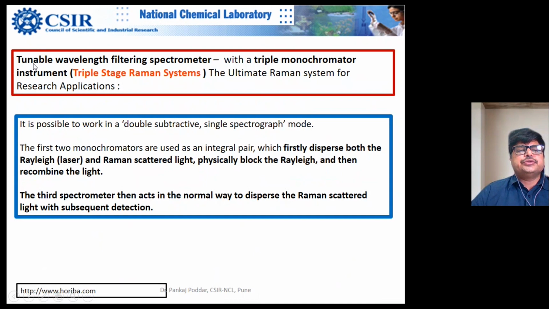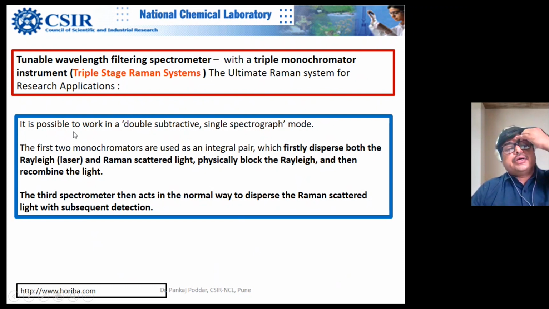That's the advantage, that you can use a tunable wavelength filtering spectrometer with a triple monochromator instrument. That's actually the ultimate tool, but it is highly expensive. Even our institute does not have that, but it is highly desirable for physicists.